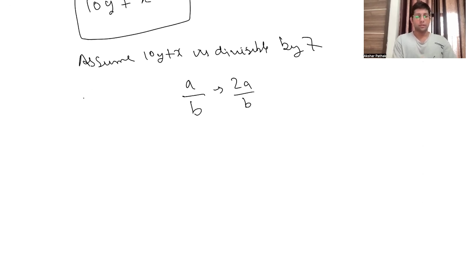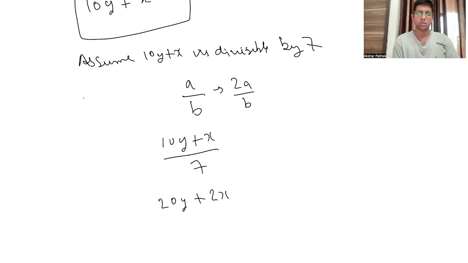So if 10y plus x is divisible by 7, we are assuming this fact, 20y plus 2 times x will also be divisible by 7. It's also a fact. There's no rocket science.